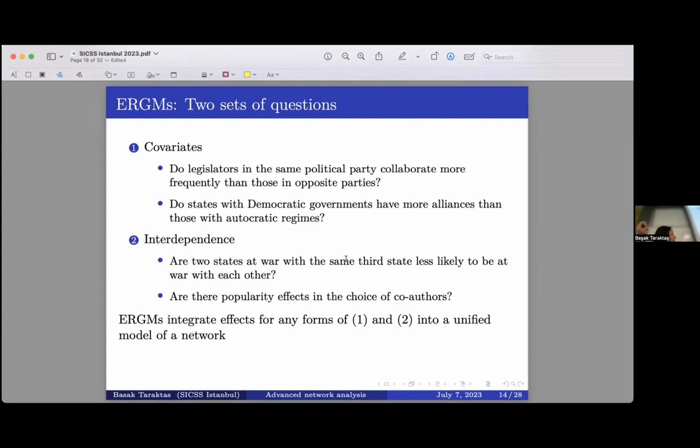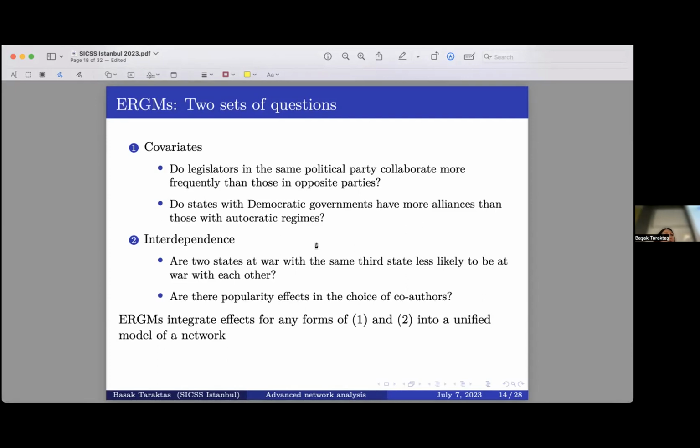Some focus on covariates. For instance, do legislators in the same political party collaborate more frequently than those in opposite parties? A fair question, which has been studied many times. You can see various published papers that cover this, especially in American politics and political science. Or do states with democratic governments have more alliances than those with autocratic regimes?